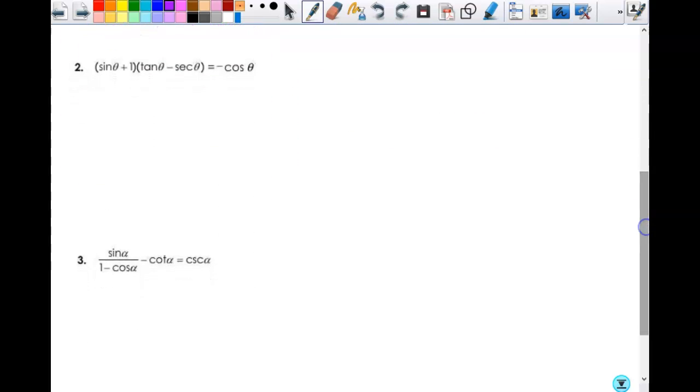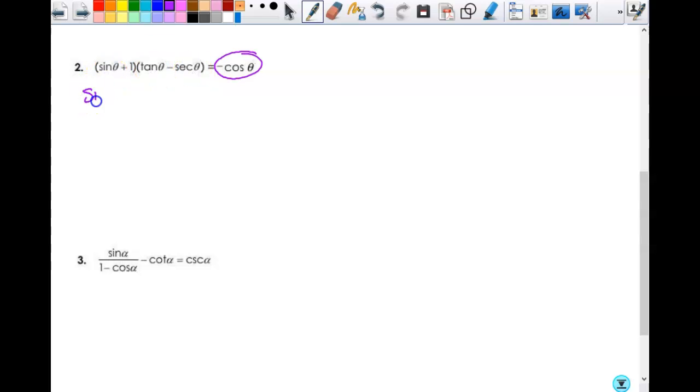Number 2. All right, so I would definitely say the left-hand side looks more complicated, so this is my goal. So I need to multiply those two binomials together. I'm not going to do any of my ratios or my quotients or my reciprocals until I've multiplied. There's no reason to make it more difficult than it is. So when I multiply these binomials, I have to multiply sine theta by tangent and secant.